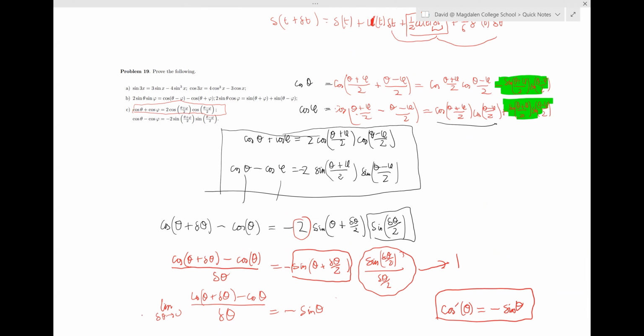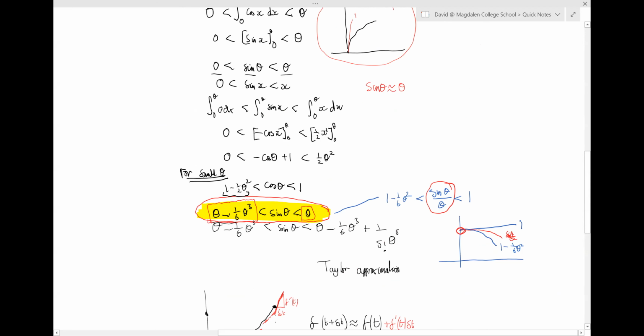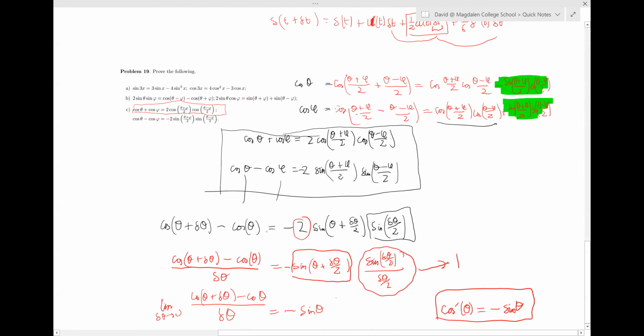Now it's a technical exercise, but I think a really good thing to go away and do now is think about what you would get if you took these better estimates that we've got for sine delta theta and fed them into cos theta plus delta theta minus cos theta.